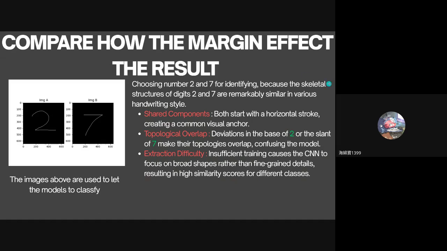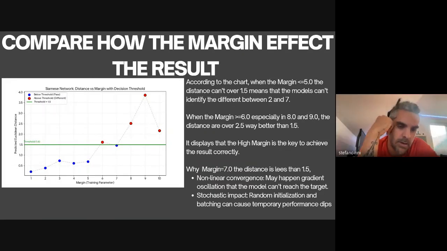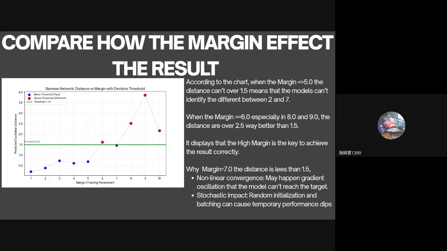Next page, please. And here's the chart of the result. You can see the red dot is above the threshold, and the blue dot is below the threshold. When the margin is greater than 6, especially 8 and 9, we can see the distance is way above the threshold.